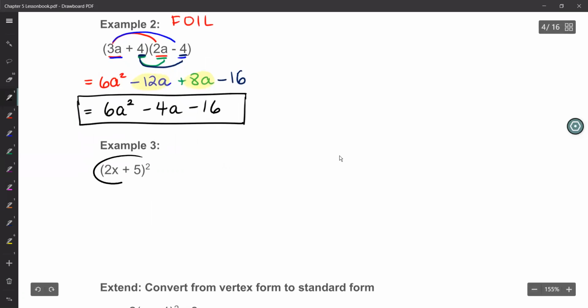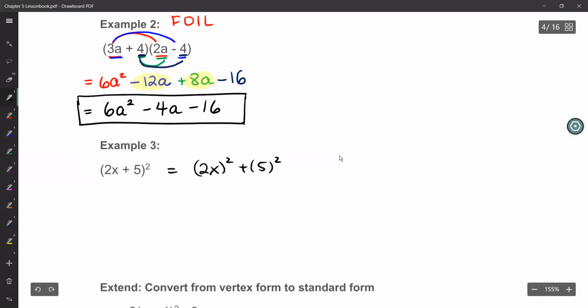Okay, if you see something like this, when I say squared, it means that thing times itself. So one really huge mistake that we always see people make, we even see people do this like in grade 12 calculus, I'm not kidding, is they will distribute the squared on both of these. They'll say, don't write this, but they'll say, oh, this must be 2x squared plus 5 squared.